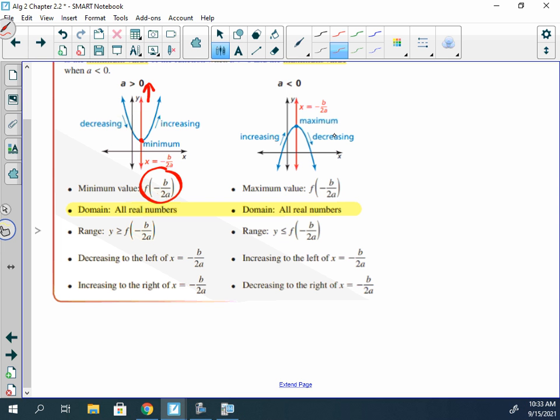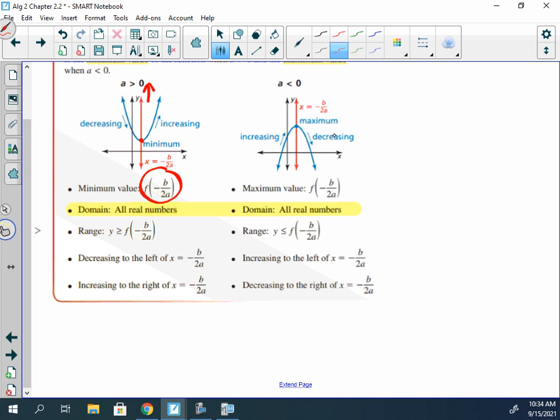So if a is positive, it's going to be opening up, and its vertex is the minimum. If a is negative, it's going to be opening down, so the vertex is going to be the maximum, the point where the maximum is at. And the range is going to be y is less than or equal to whatever that y value is.